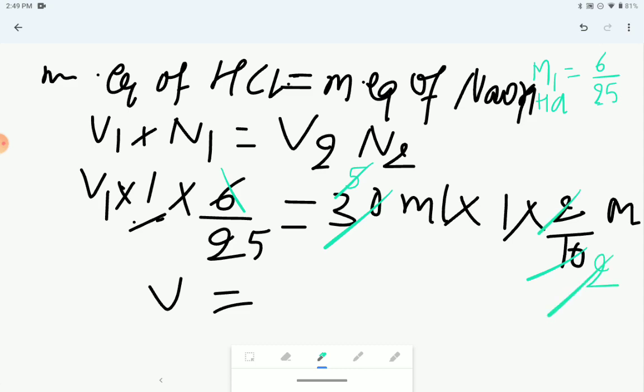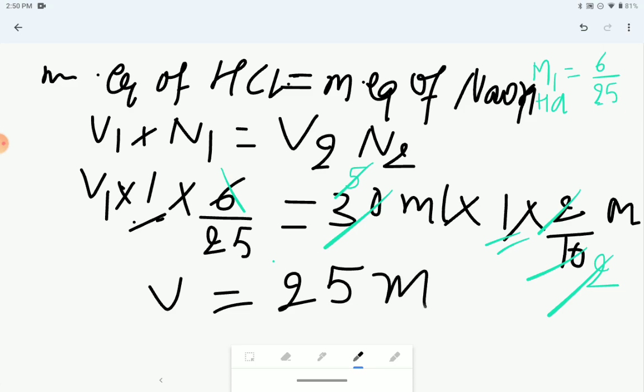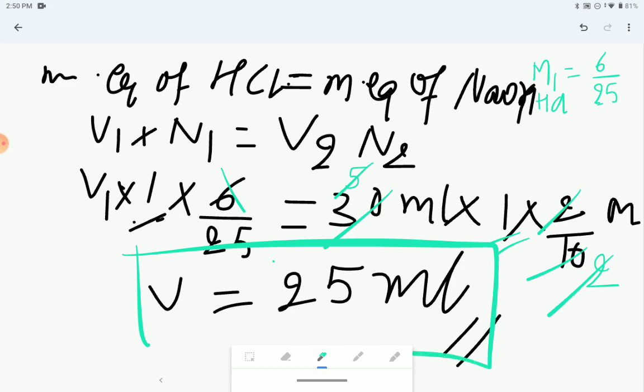So 2 cancels out. Only 25 is remaining on the left hand side. So the volume of the given HCl solution is 25 ml. This comes out to be the answer of the 17th question, right?